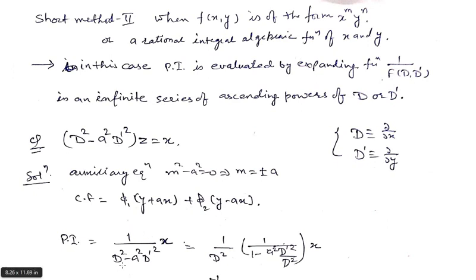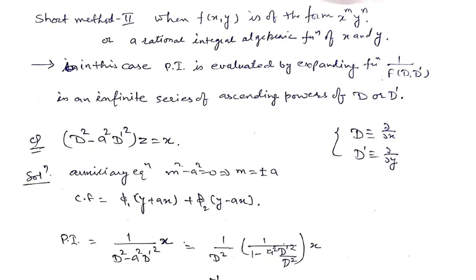The particular integral will be 1 upon D square minus a square D prime square of x. Now here we will take D square outside. When we take D square outside, the remaining term is 1, and the second term becomes minus a square D prime square upon D square. Now we shift this term into the numerator.